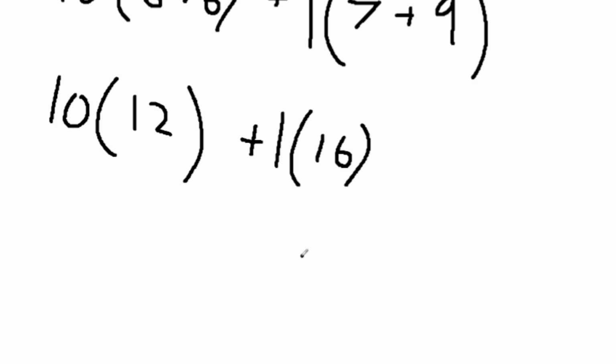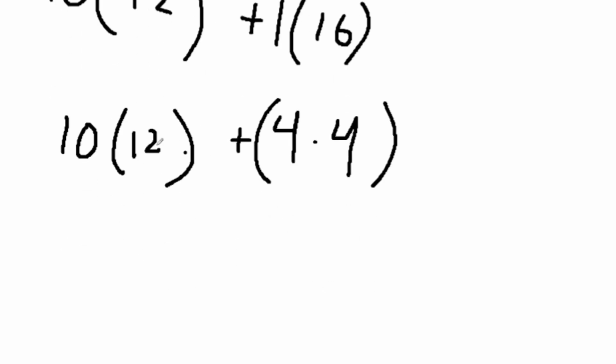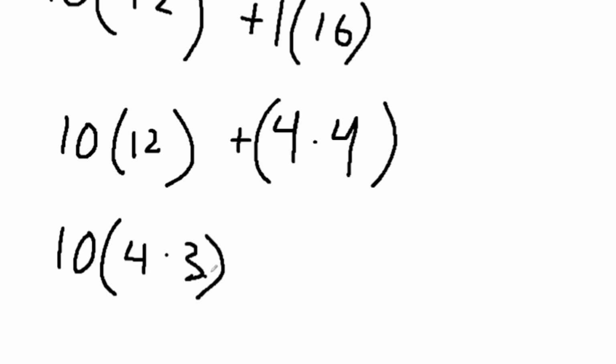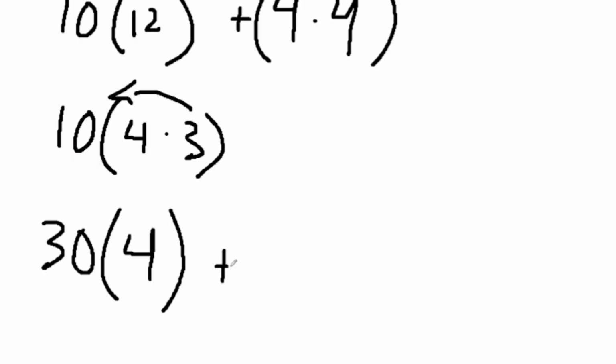And we could simplify 16 as 4 times 4. And this is still 10 to the 12. Now let's simplify 10 to the 12. So 10 to the 12 is the same thing as 10 to the 4 times 3. Now we can actually bring this 3 out of here. So we have 30 to the 4 plus 4 to the 4.